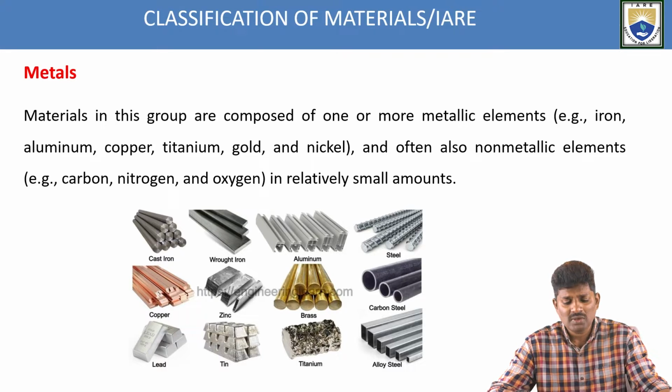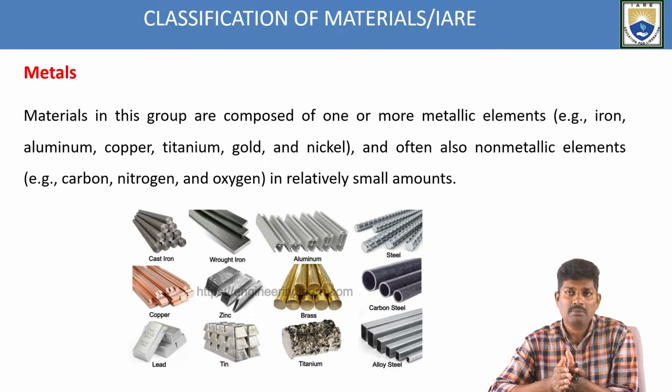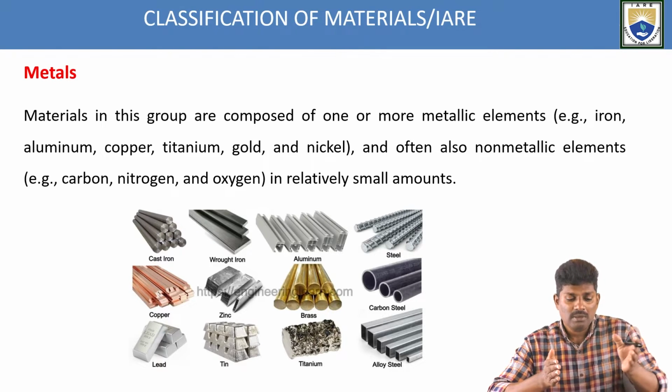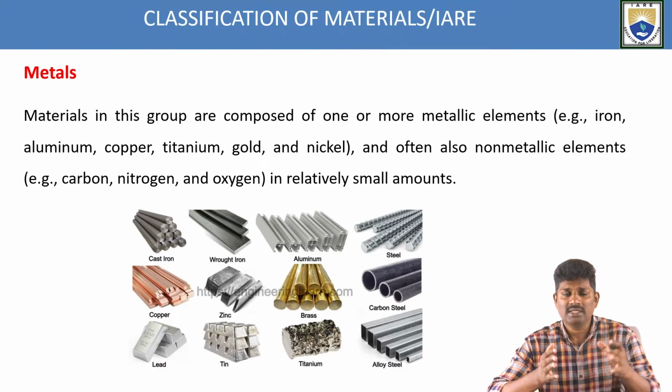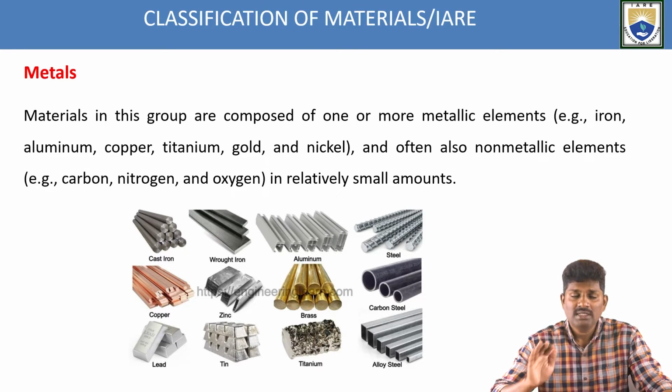And often also non-metallic elements like carbon, nitrogen, oxygen in relatively small amounts. So when aluminum is combined with carbon, nitrogen or oxygen, like aluminum oxide, it is a composition of two or more elements. These are called metallic elements.